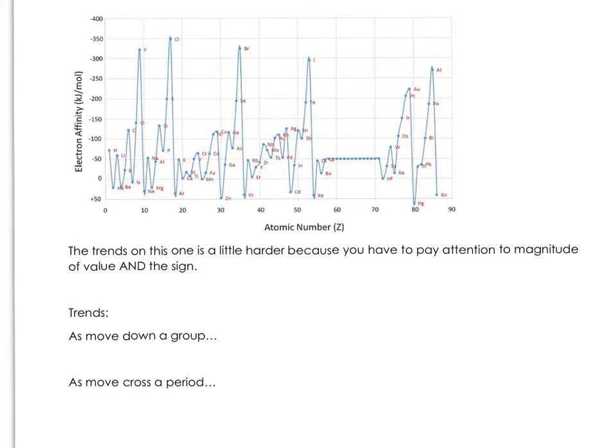Okay, so as you can see, the graph for electron affinity is kind of different. So you've got negative numbers and positive numbers. So you've got high negative numbers up here, indicating energy is released.